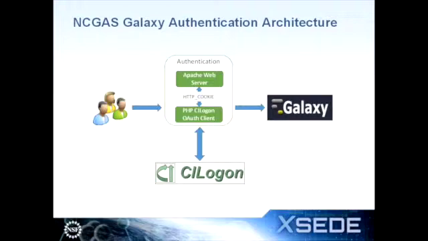Based on the authenticated user information, the PHP CILogon OAuth client would forward the username through the HTTP cookie variable to the Apache web server, and through the Apache web server mod rewrite rule, it will be proxied to the Galaxy server running in the backend. The modules highlighted in the green box in this diagram are the part that we developed and contributed to the project.